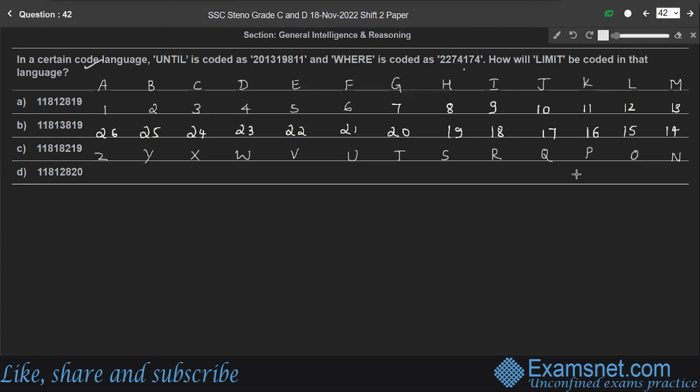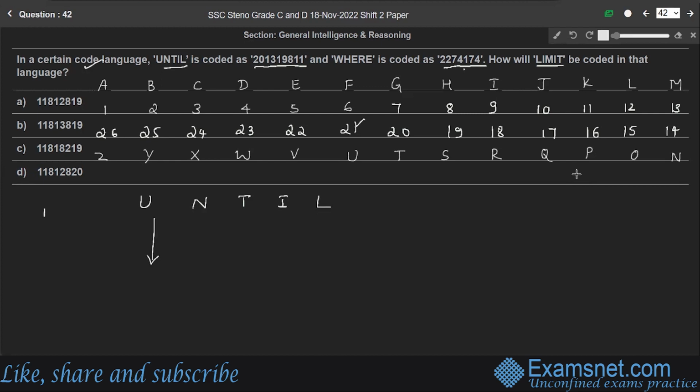Question 42. In a certain code language, UNTIL is coded as 2013198111, WHERE is coded as 2274174. How will LIMIT be coded in that language? Here, when you consider the first word UNTIL, the positional value of U is 21, but U is coded as 20.